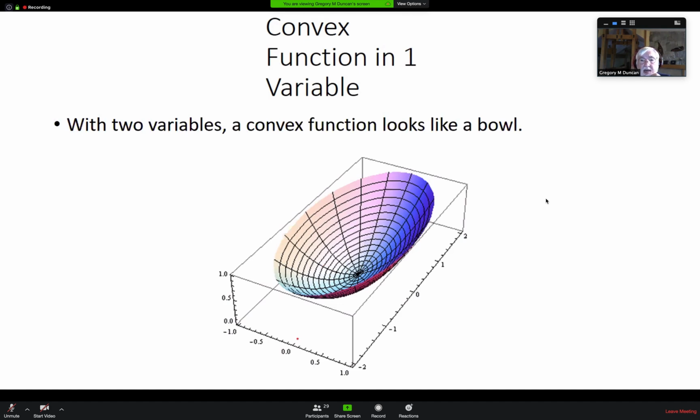The convex set it's defined on is this rectangle. So the rectangle might be, this might be theta 1, this might be theta 2, and then this might be f of theta 1 and theta 2.